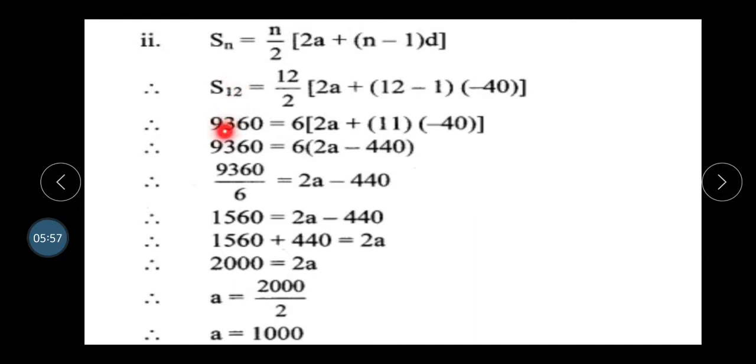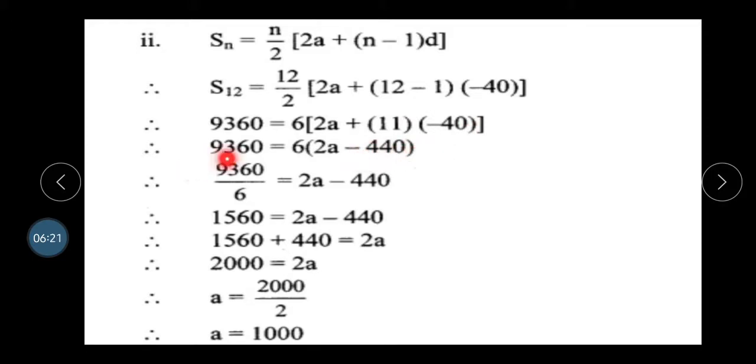S12 is 9,360, is equal to 12 by 2, which is 6, opening the square bracket, 2a as it is. 12 minus 1 we will get 11, and 40 as it is in subtraction form. So 11 into minus 40 we will get minus 440.